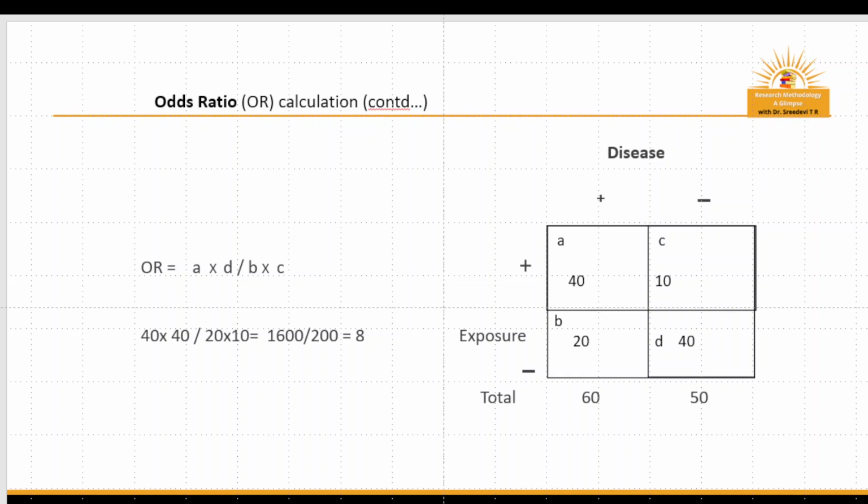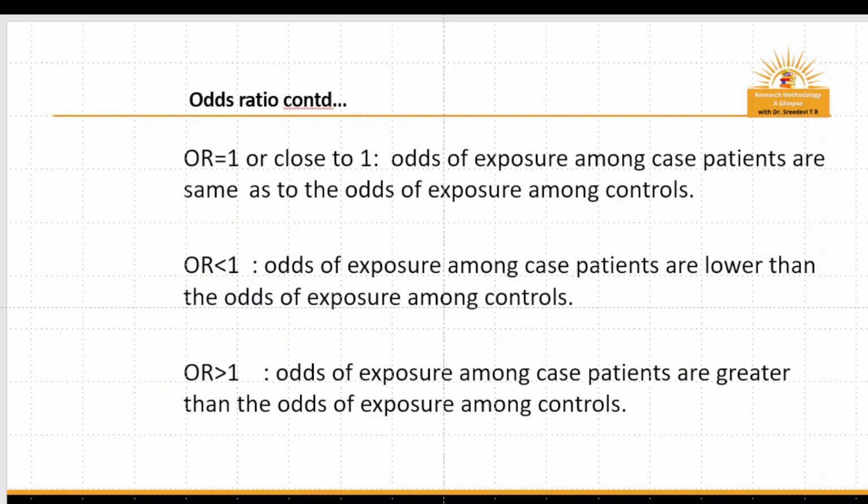This can be explained a little more. OR equal to 1 or close to 1 means odds of exposure among case patients are the same as the odds of exposure among controls. To make it clear with the example of smoking and lung cancer, there is no association between risk factor smoking and disease lung cancer if OR equals 1.